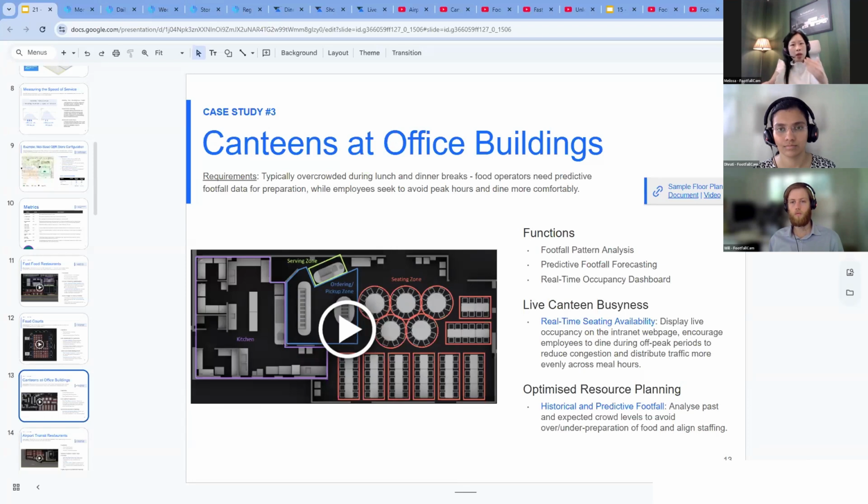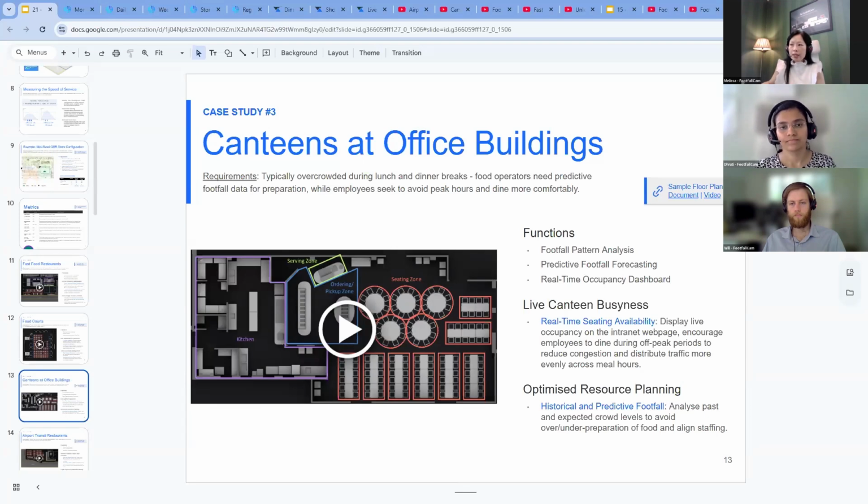You want to see when people come in, how long they stay, what the peak period is like. So you can provide historical and predictive traffic reports based on real-time people counting. This will help the canteen plan their staff, plan the food prep, how much food they should order for a Wednesday, for example, and so prep more accurately.